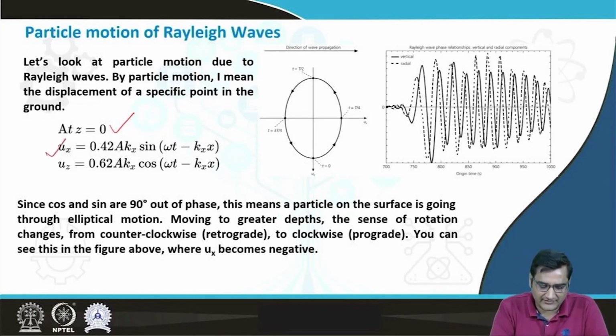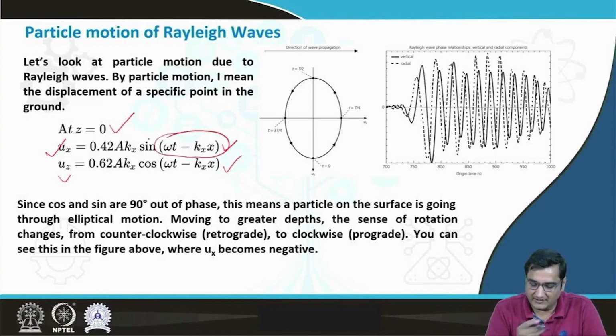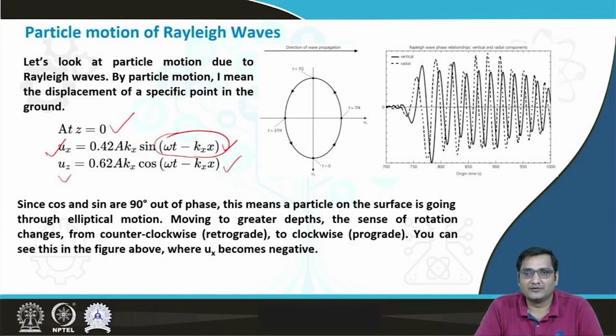The x direction motion will have this sinusoidal kind of motion, and the z direction motion will have this kind of sinusoidal motion. You can see that when sin(ωt − k_x x) becomes 0, then the cos term will dominate.